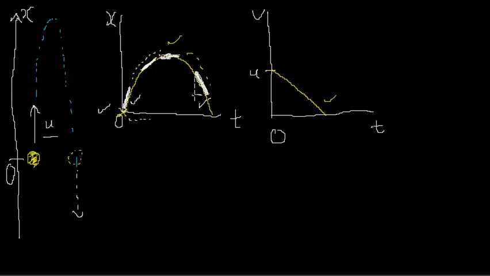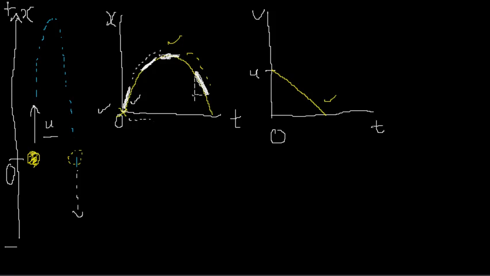Therefore, this is a negative gradient, and that makes sense because on this side of the graph, the ball is falling down, and when it's falling down, the velocity points downwards, so the velocity should be negative. Because by choosing my x-axis this way, I'm choosing up to be positive and the downward direction to be negative.